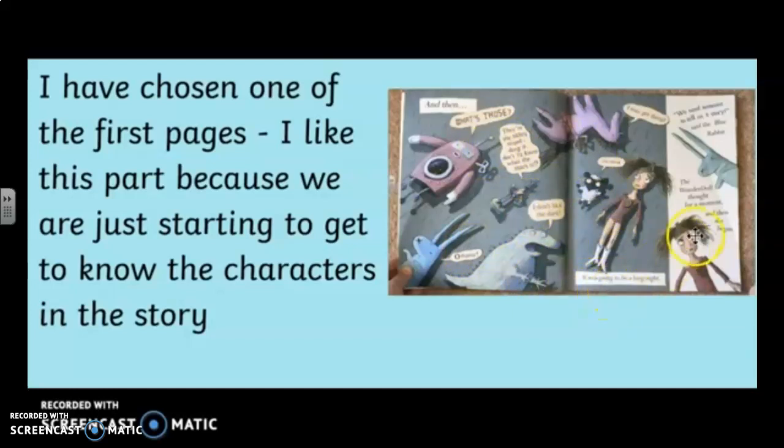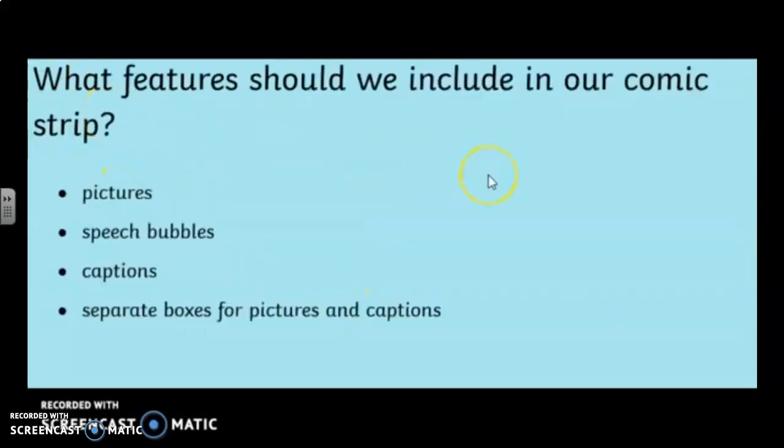And I can see that there's also some writing that I could turn into captions. Okay, so just a quick reminder, what features you should include in your comic strip. You should have pictures, you should have speech bubbles, you should have captions, and you should have separate boxes for your picture and your caption.